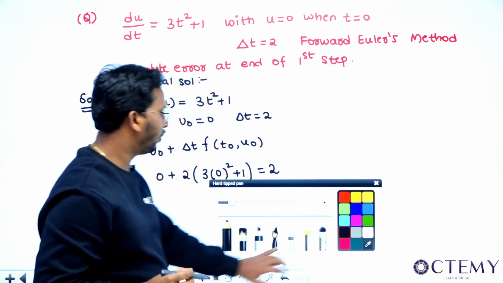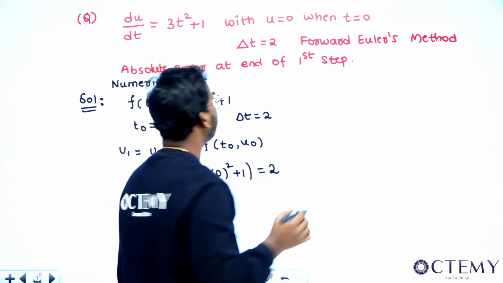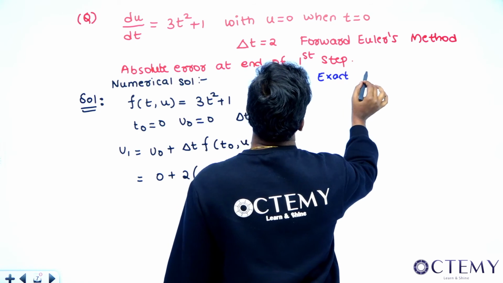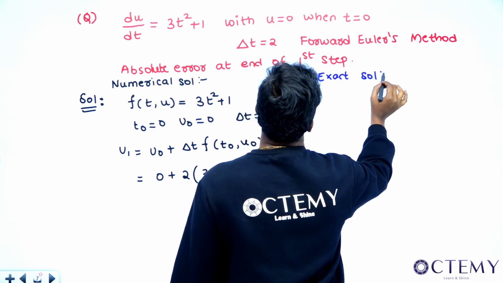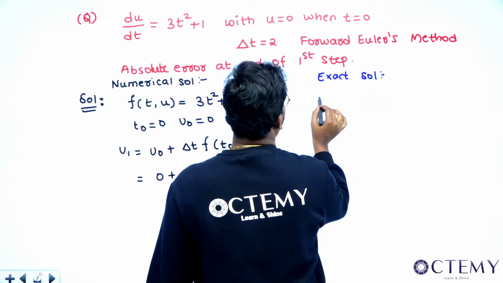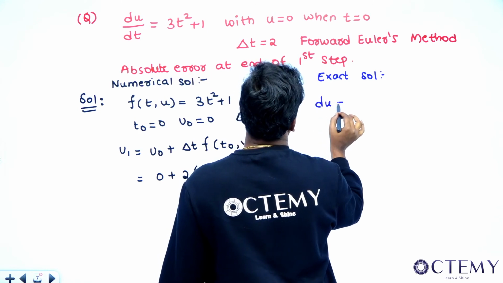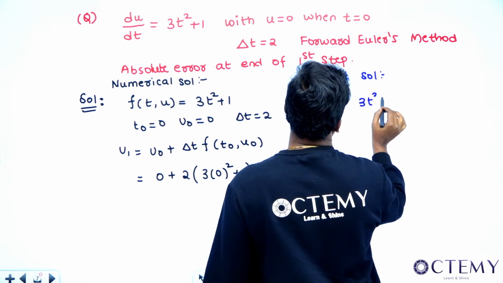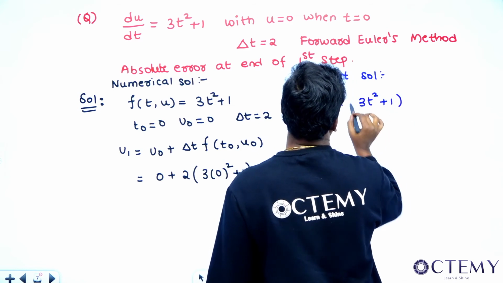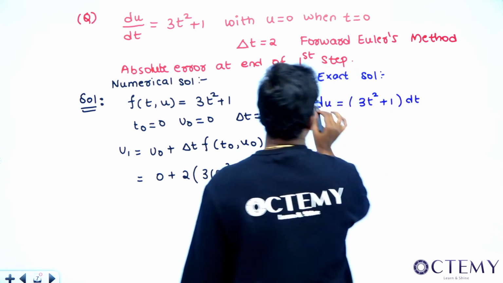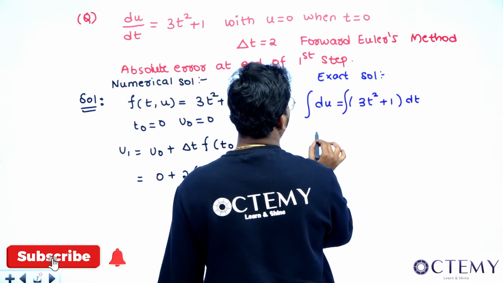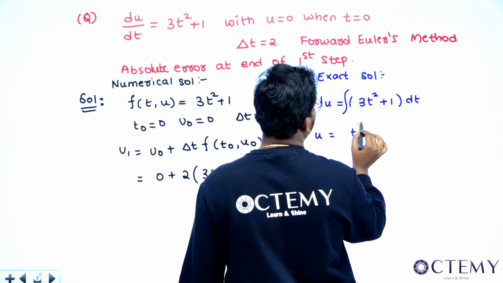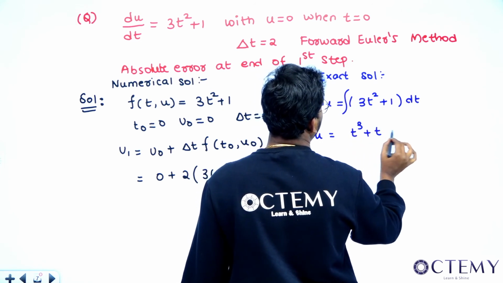If I do the exact solution, see what will be the exact solution, because I want to find error. Variable separable, we can apply du is equal to 3t square plus 1 into dt. Then integrate. U is equal to t cube plus t plus c.